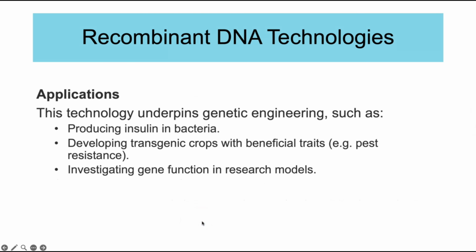So the ways that this has been used is producing insulin, for example, taking the human gene for insulin, putting it into bacterial DNA, and then bacteria will make the human protein for insulin. And that has been massively beneficial because bacteria can create large quantities very rapidly of insulin, which can be used to help treat diabetes.